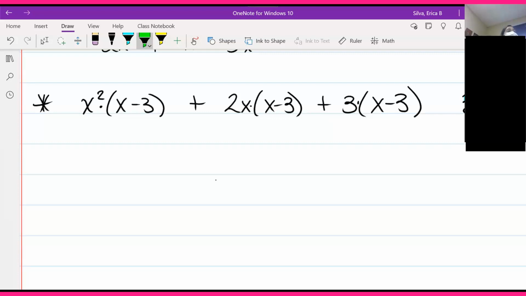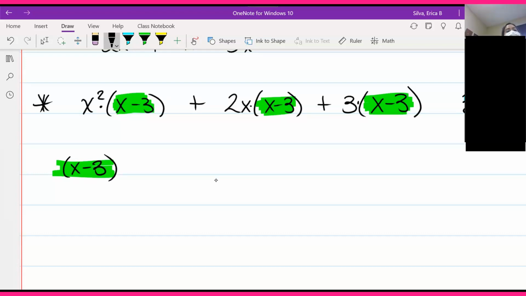What do they all have in common? ¿Qué tienen todos en común? X menos qué? Yeah, so this one has x minus 3. This one has x minus 3. And this one has x minus 3. So then we can factor out x minus 3.